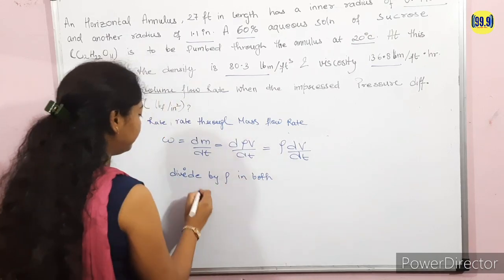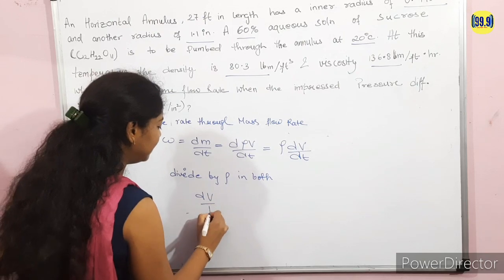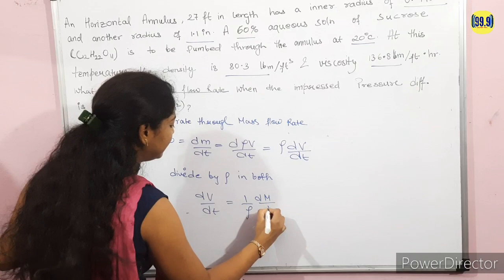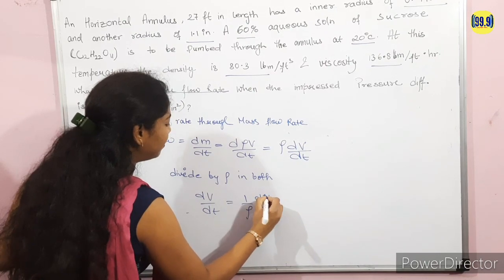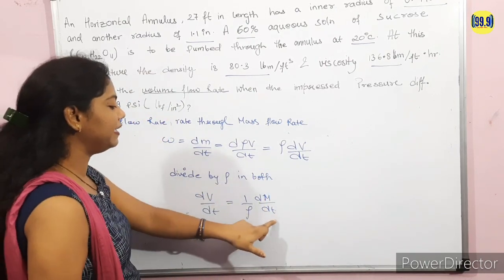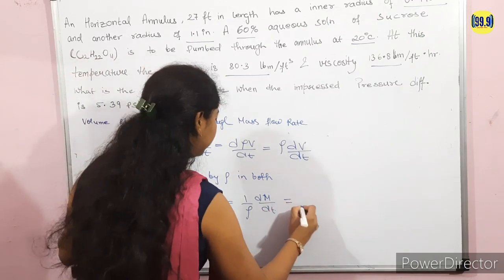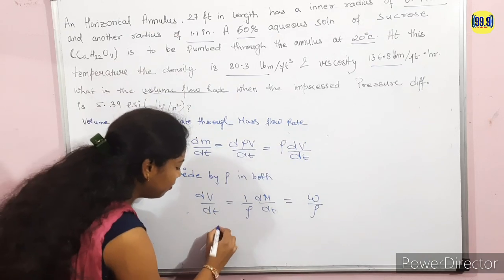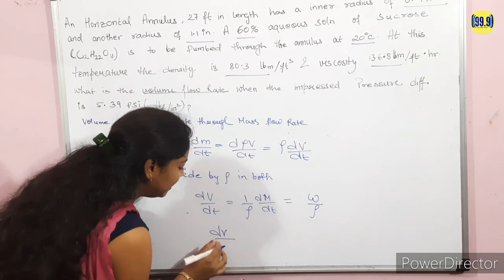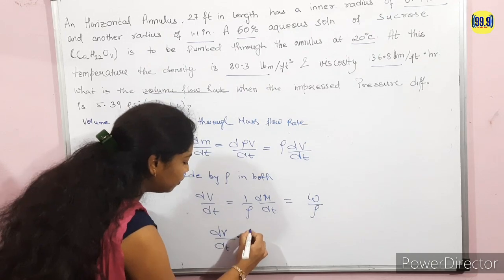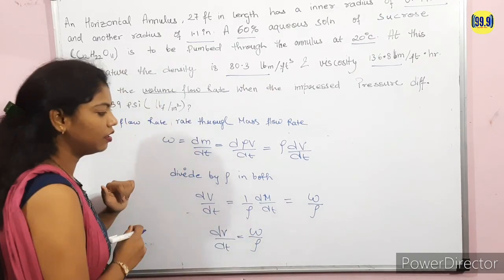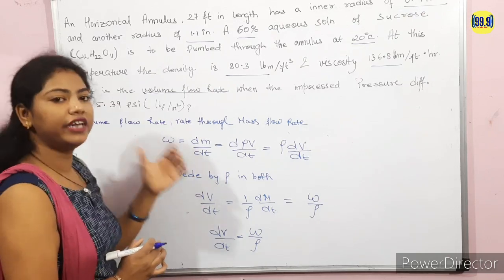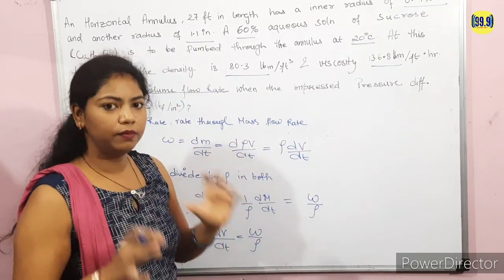Then we get dV by dt is equal to 1 upon rho times dm by dt, okay. And from the above equation we replace dm by dt by W, so this equation becomes W by rho. So from here we get the equation dV by dt is equal to W by rho, okay. This is the main concept which we are going to use in the numerical.